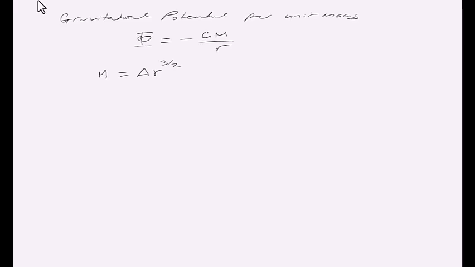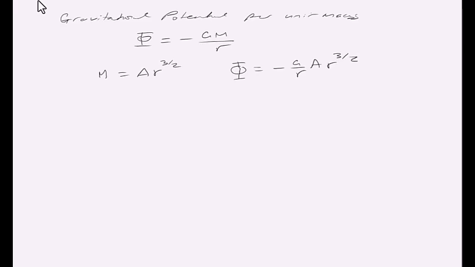And then we can substitute that into our equation for the gravitational potential, which is equal to minus g over r, and then instead of m we've got a r to 3 over 2. Okay. Now we notice here we've got r to the 3 over 2 and we've got r to the power 1 on the denominator.